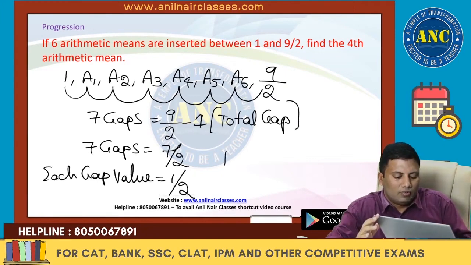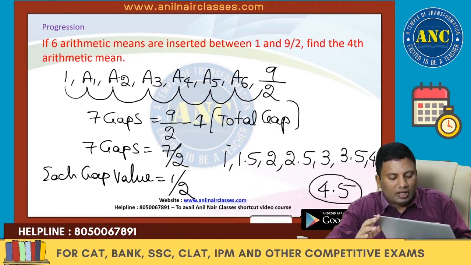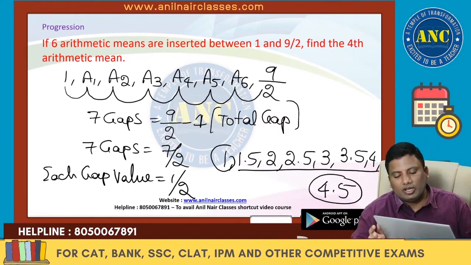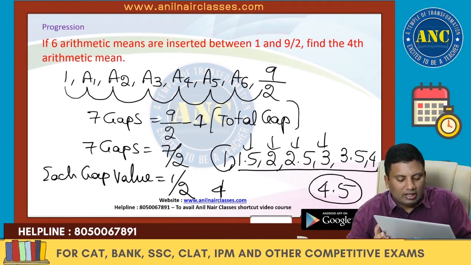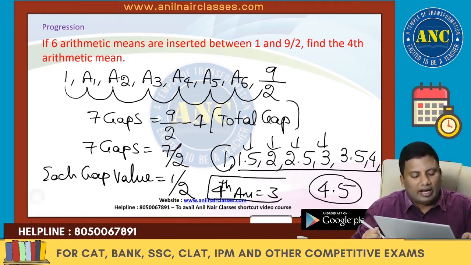Starting from 1: 1.5, plus 0.5 each time. These are the 6 arithmetic means. Very, very easy question. The 4th arithmetic mean, first, second, third, fourth, the value is nothing but 3. I hope the idea is clear.